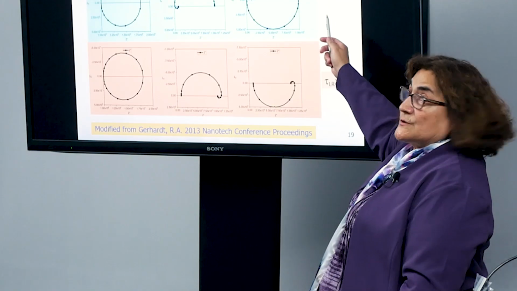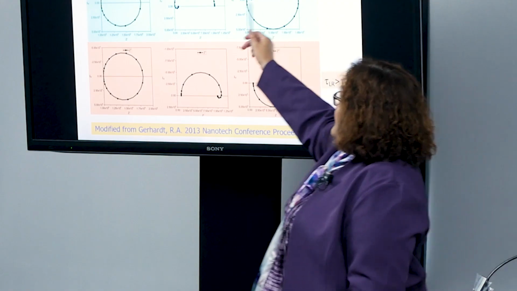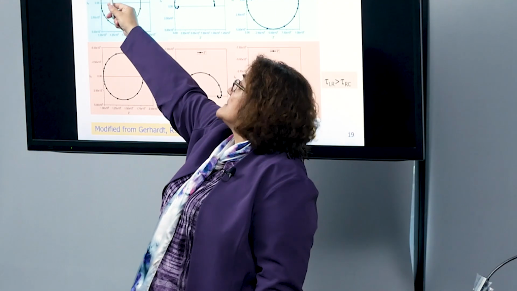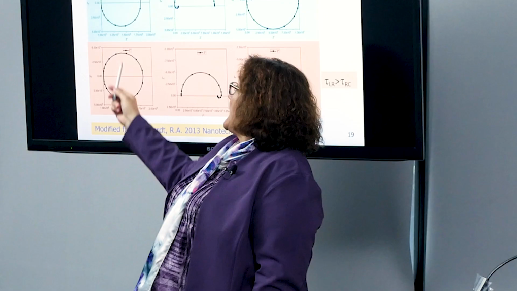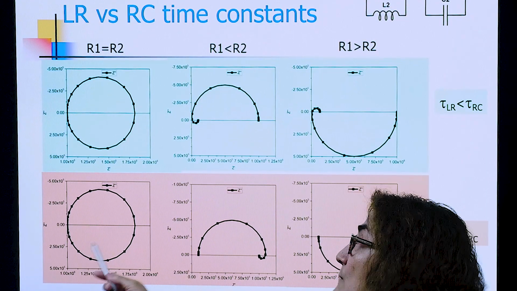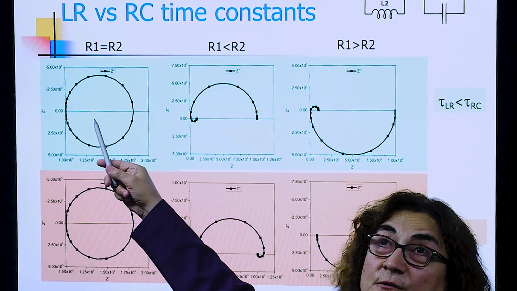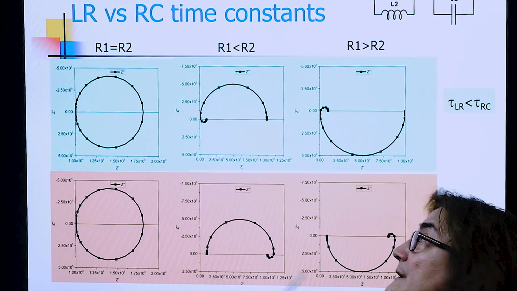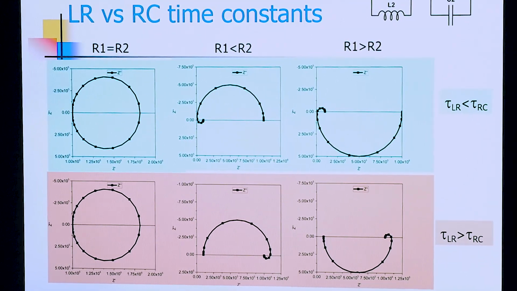So what happens if we combine an inductor-type resistor, LR, and RC time constants? Well, the actual time constant makes a huge difference. Again, if the resistors have the same value, we will get a complete semicircle, and for one of them the frequency will increase in one direction, and the other one will start in a different position.